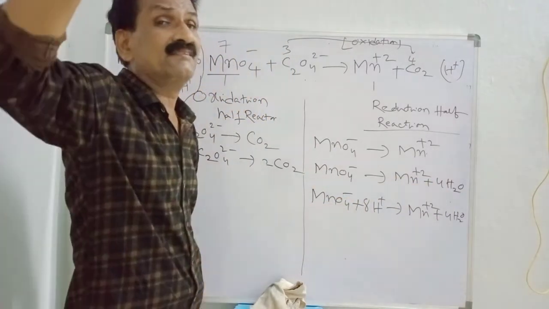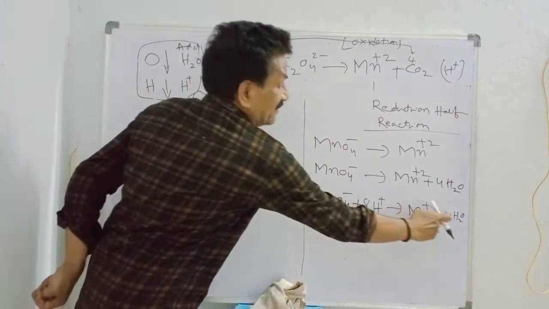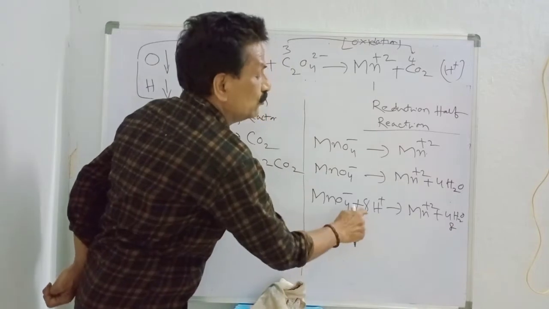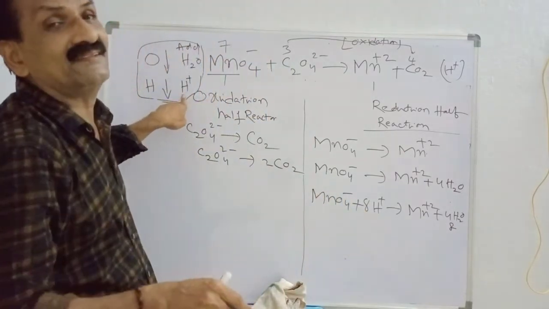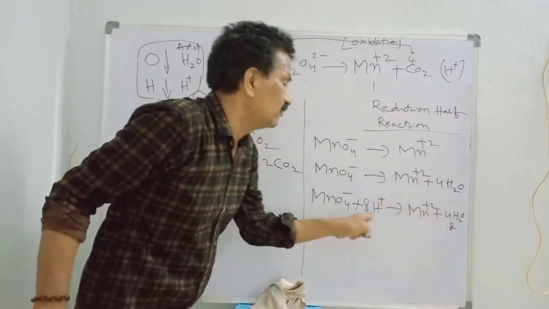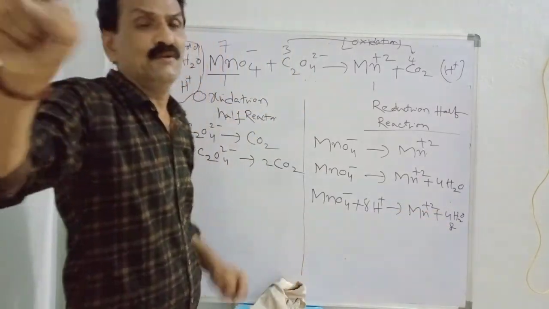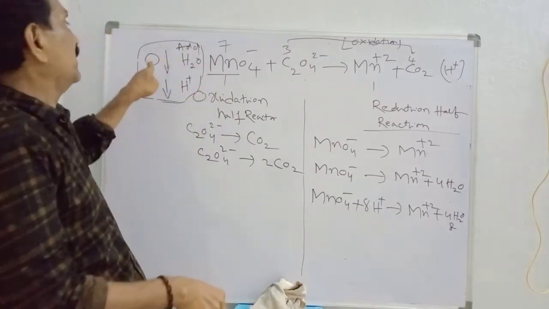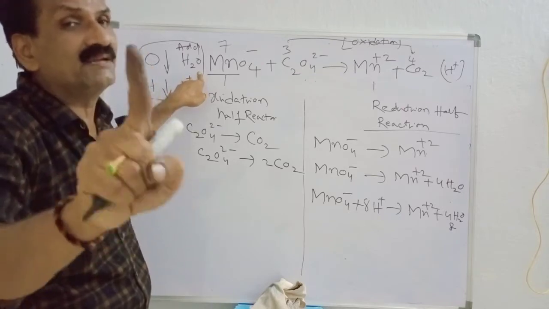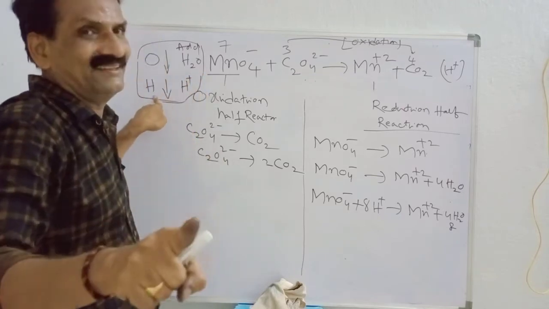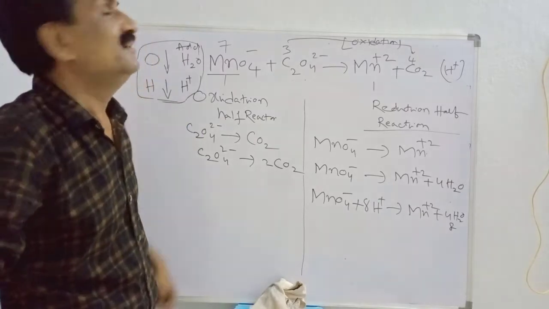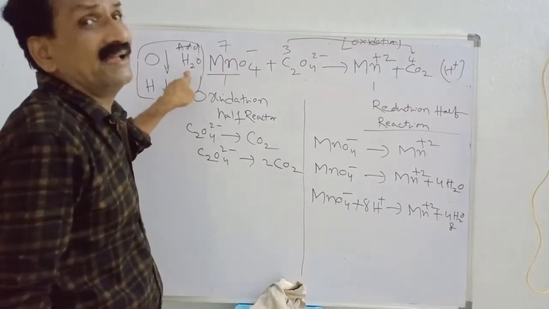Again where hydrogens are less, here 4 into 2, 8H, and here there are no H, so we have added 8 H plus. Keep in mind: in acidic medium, where oxygens are less, add H2O; where hydrogens are less, add H plus.